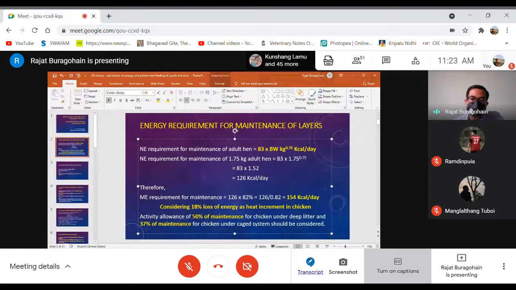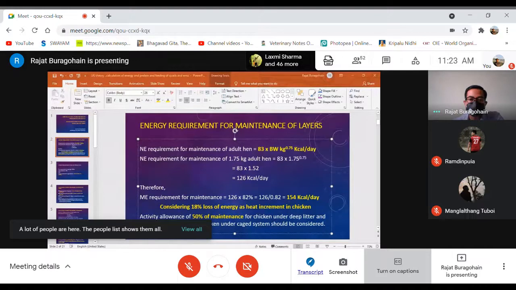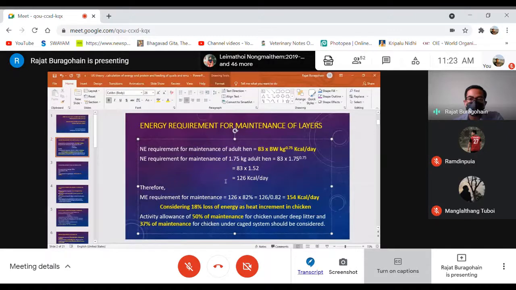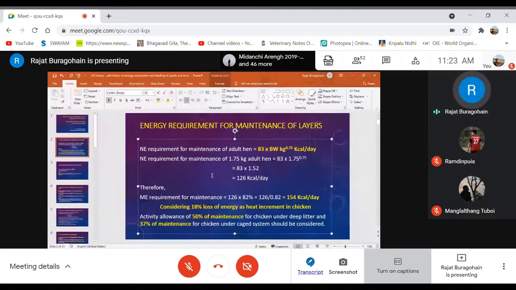This is the way we can calculate metabolizable energy for maintenance of the laying birds. Remember, this is simple mathematics actually. Suppose this is 126 kilocalorie net energy. If we have 100 metabolizable energy, then net energy will be 82, because 18% will be lost as heat increment.